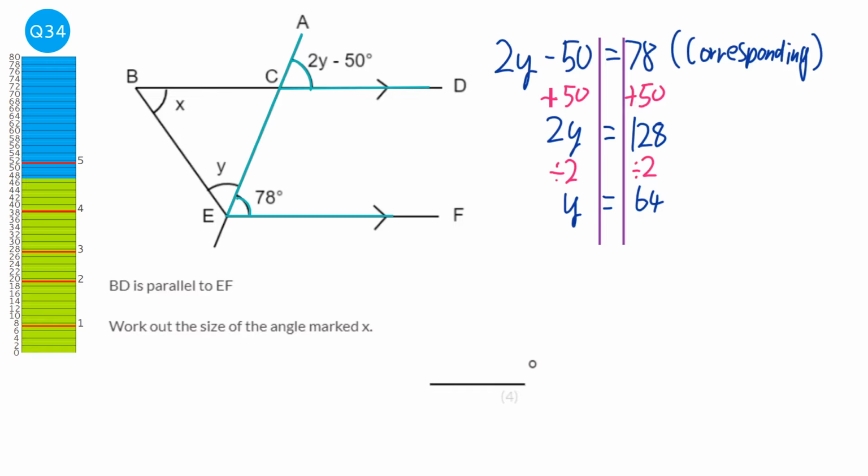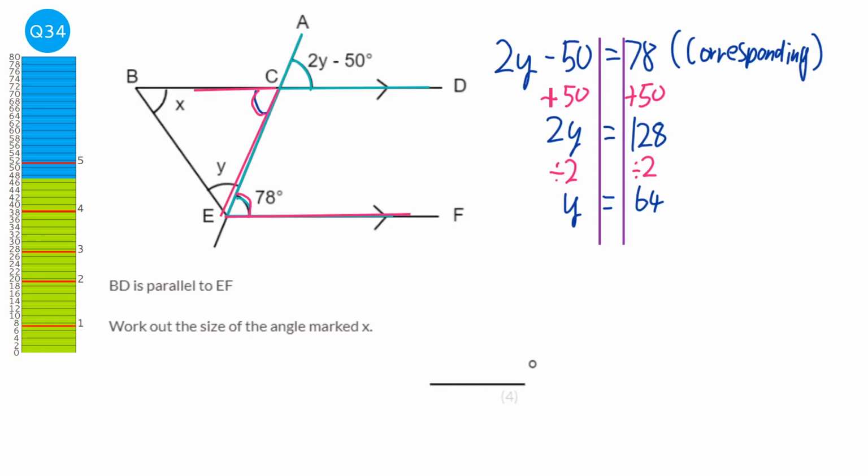There are a few different things we can do. We could work out the fact that these two here are vertically opposite. That would be absolutely fine. But actually, if we look at this part here and this part here, these are also two parallel lines, and this angle here and this angle are going to be alternate.